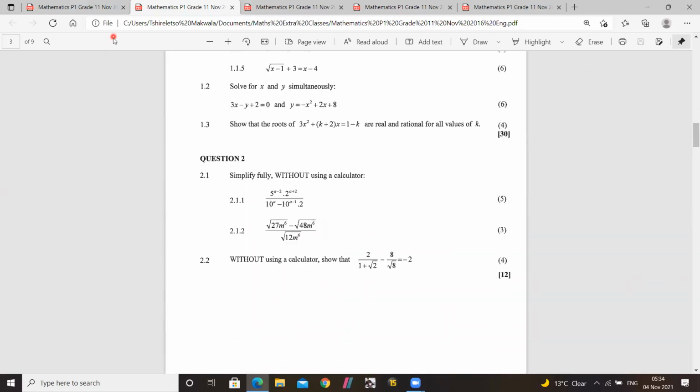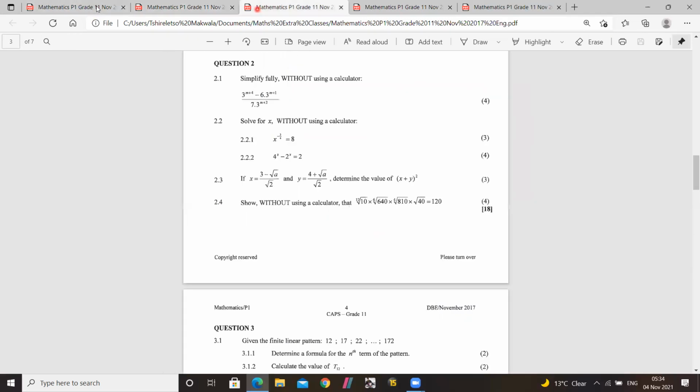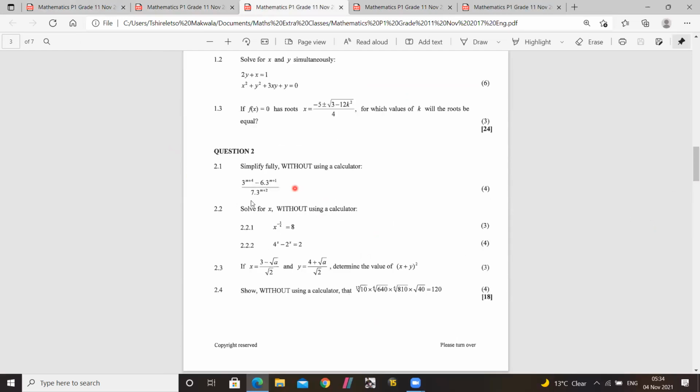Then let's go to 2017. In 2017, you can see here, it says simplify without using a calculator, solve for x without using a calculator, then determine, then show without using a calculator. However, all of these questions will be laws of exponents. So question 2 is clearly laws of exponents.